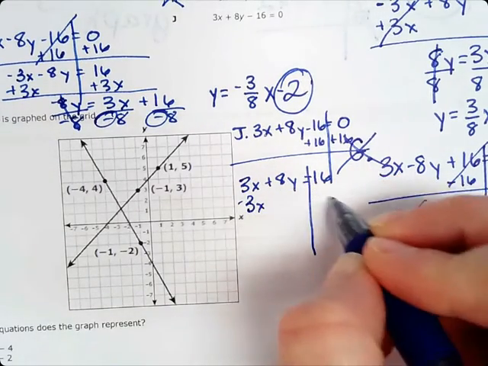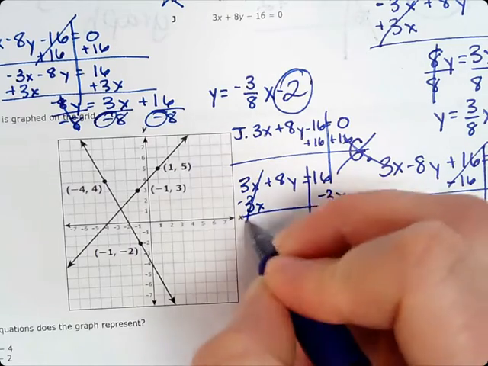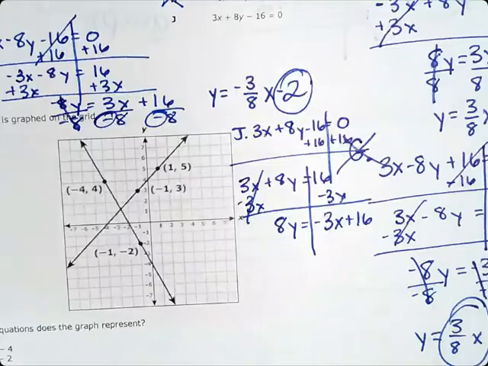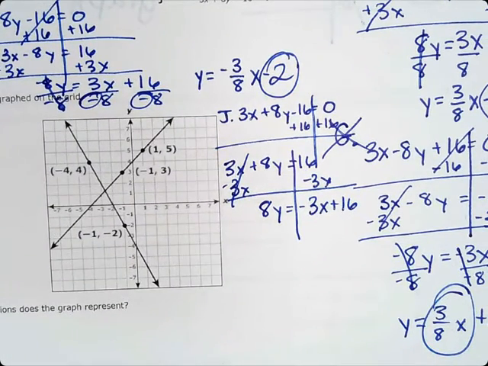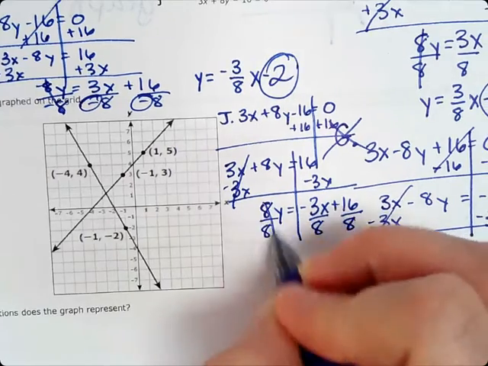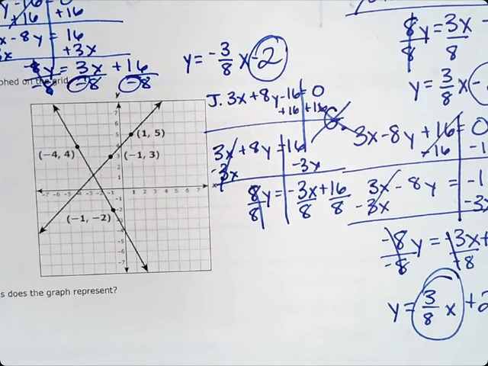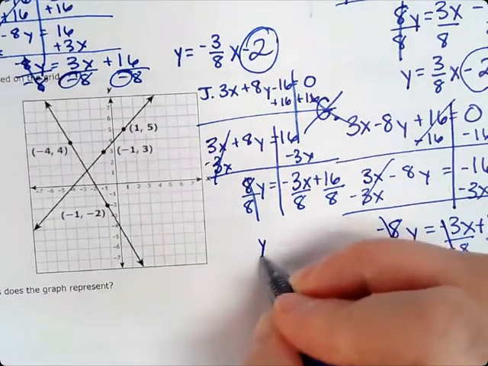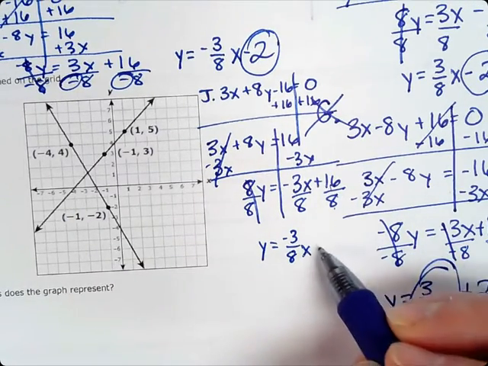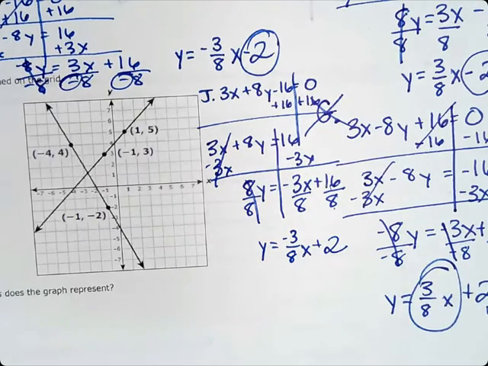Minus 3x. 8y equals negative 3x plus 16. And divide by 8 all the way through. So y equals negative 3 over 8x, and then 16 over 8, they're both positive, so our answer is positive, so plus 2.